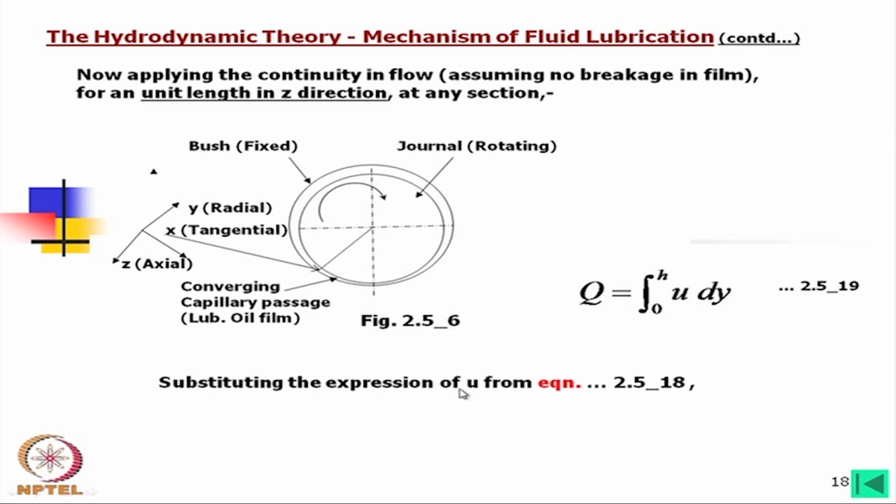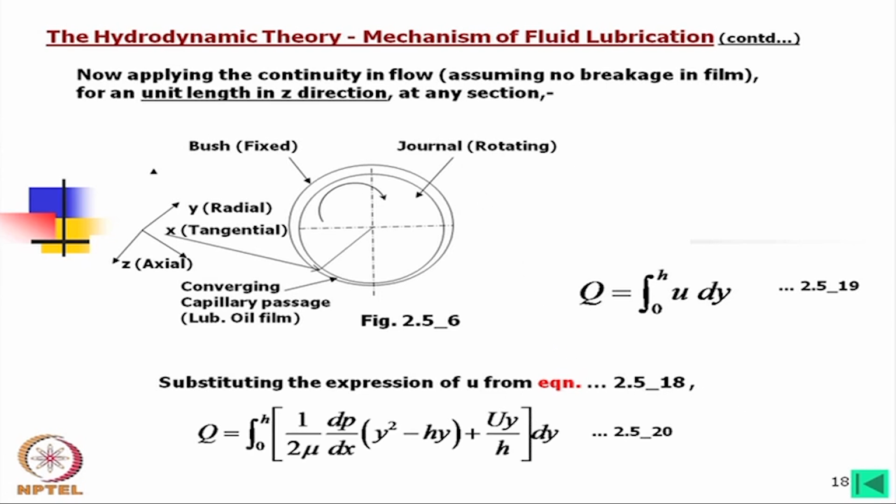Substituting the expression of u from equation 2.518, we get q is equal to integration from 0 to h of 1 by 2 mu dp by dx (y square minus h y) plus u y by h, dy.